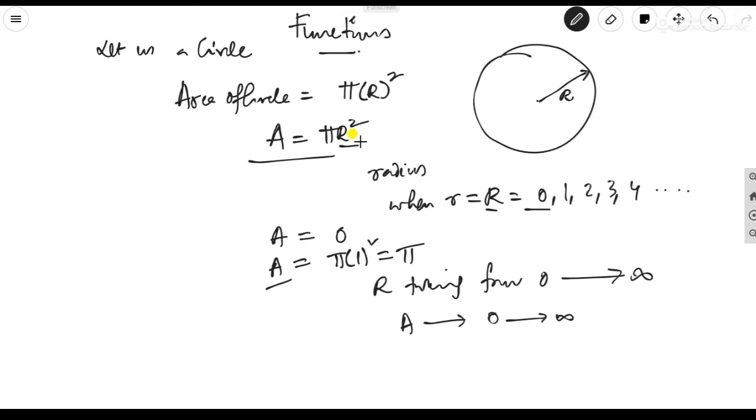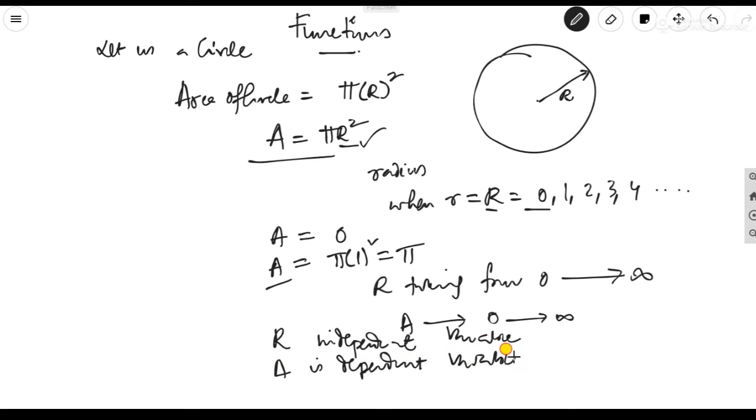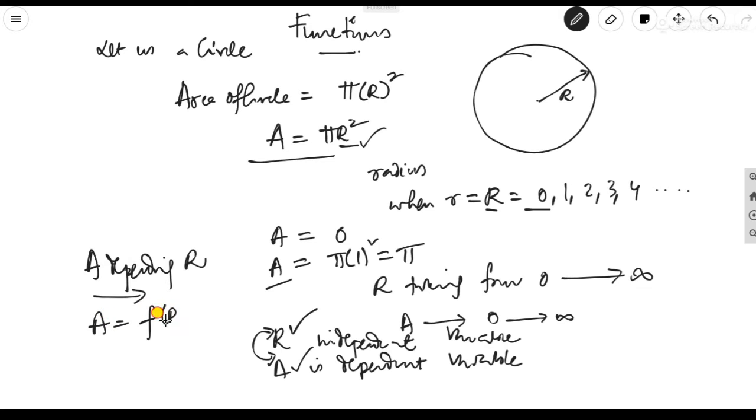That means r is here the independent variable and A is the dependent variable. Depending on r, we have the value of A. That means both are related to each other. A depends on r, so simply we can say A is a function of r.